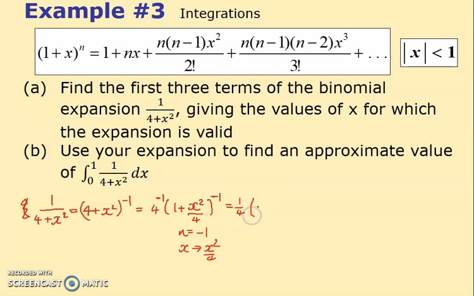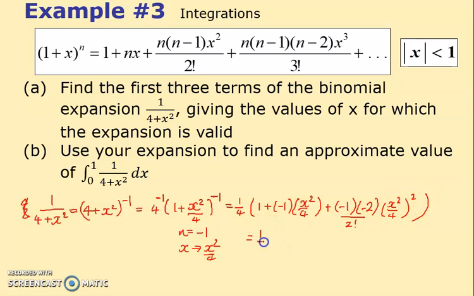So that gives me, use my 1 plus nx formula, 1 plus minus 1 times the x squared over 4. How many terms does it want? It wants 3 terms. Okay, I've got 2 so far. Plus minus 1, and minus 1 would be minus 2 over 2 factorial times by x squared over 4 squared.